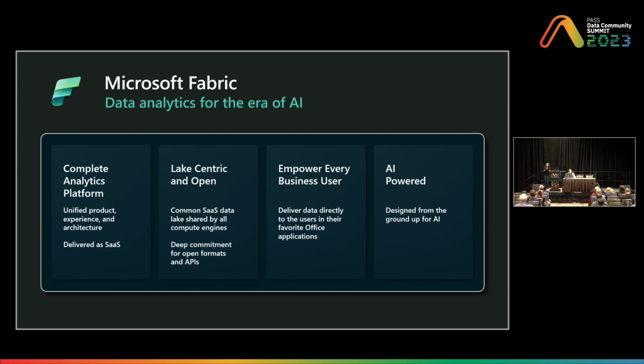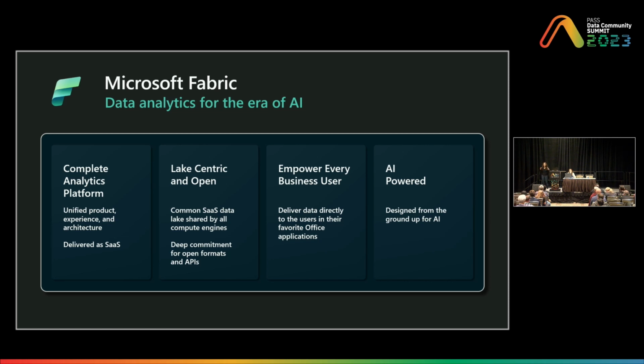Second is Fabric is lake-centric and open. What do I mean by that? All of these workloads or compute engines that we've brought together into this unified platform write and read data from a lake. This includes data warehousing, Spark, and Data Factory.